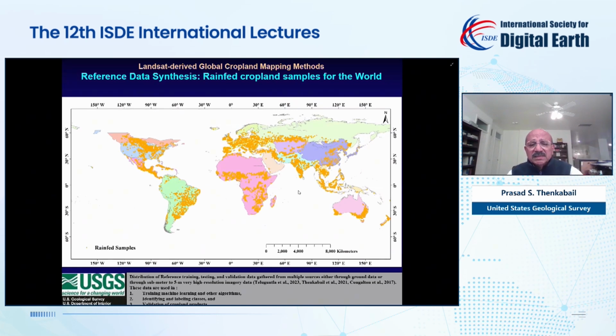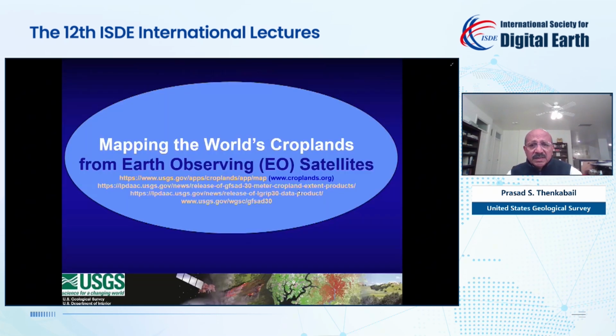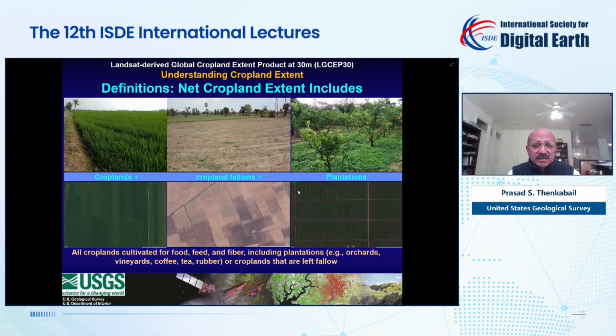Once you get this reference data, then you are in a position. Then the next thing that is very important in mapping is definition. In our definition of what cropland is, we kept it very simple. We said it is cropland if there is a standing crop, or if it is harvested but it is farmland, or it can be a plantation. In the image, it looks like that.